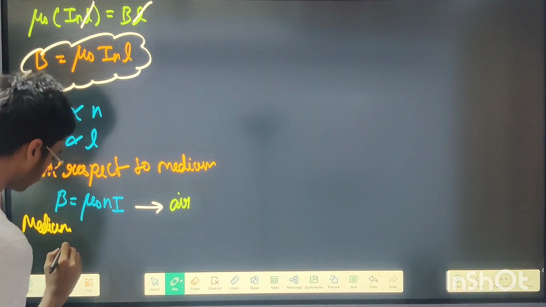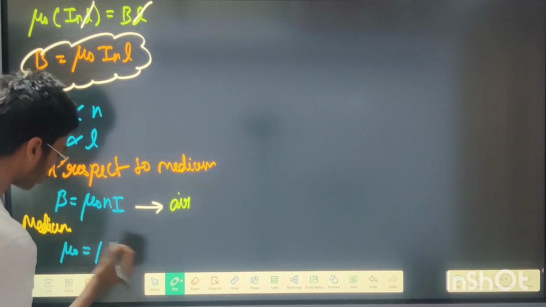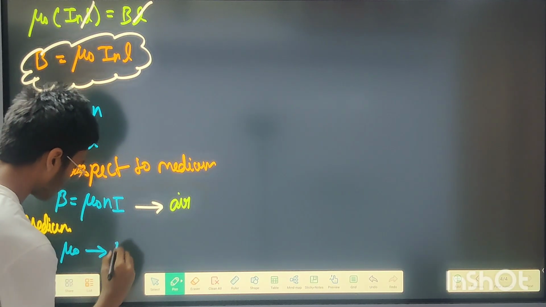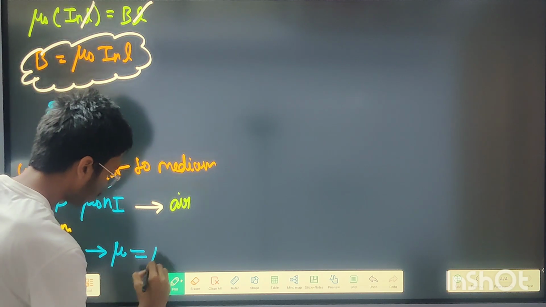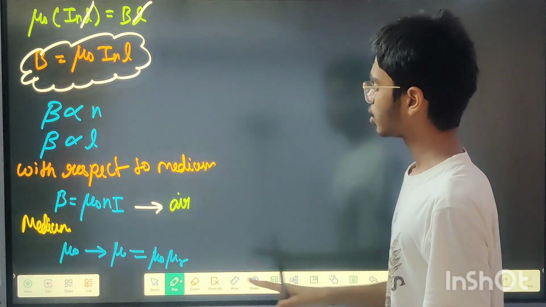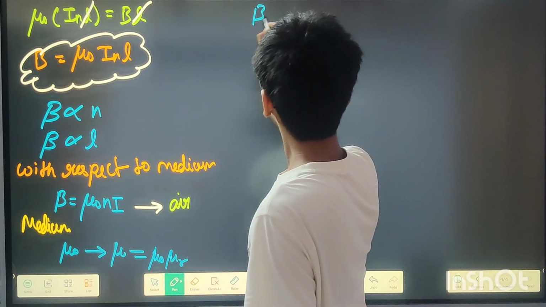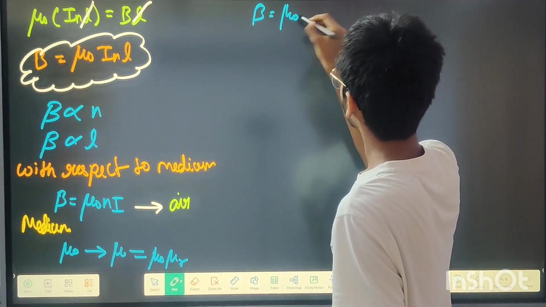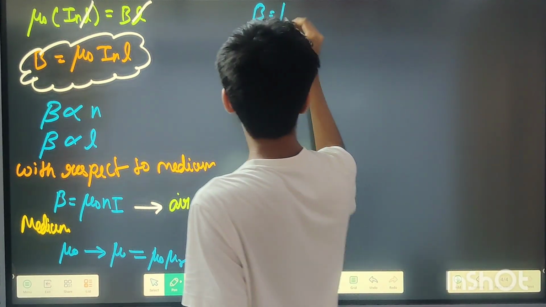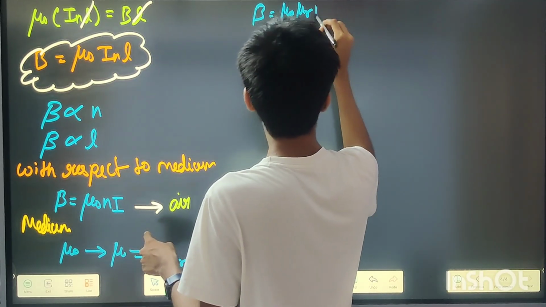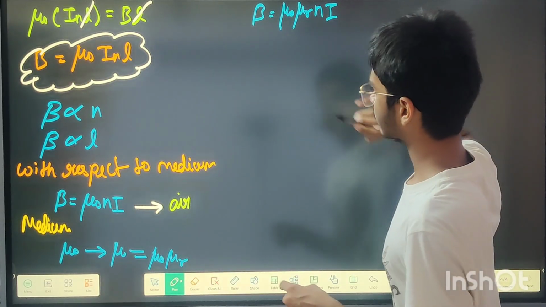Mu naught will be converted into mu, which is equal to mu naught into mu r. So now B is equal to mu naught mu r Ni.